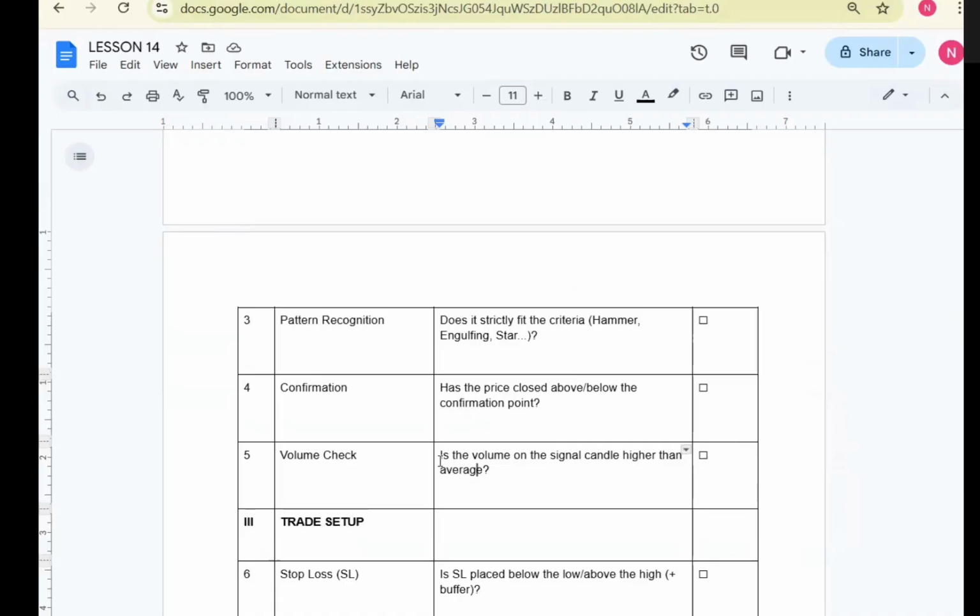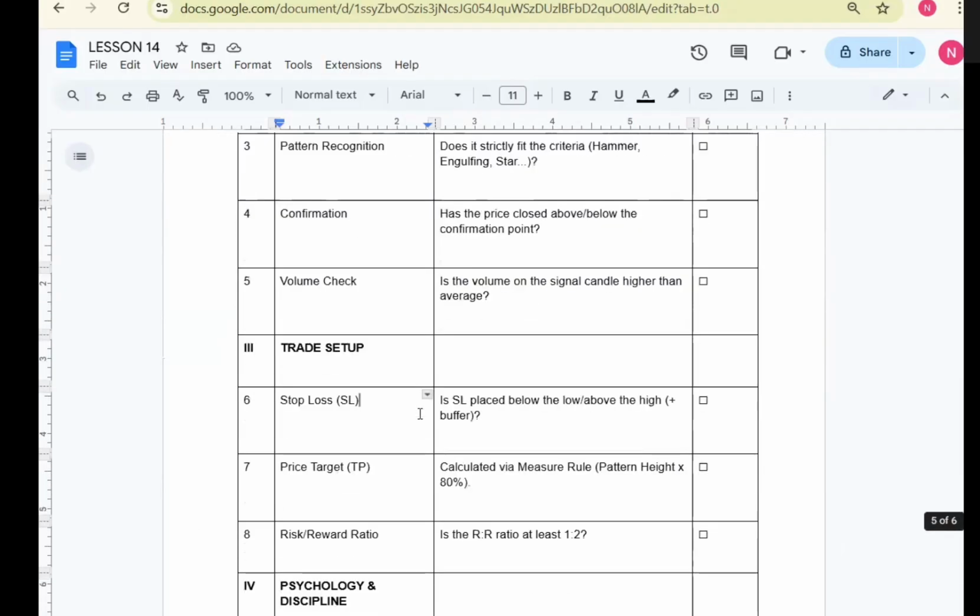The question is: is the volume on the signal candle higher than the average? If you can answer this question, it will help you increase your winning rate when you establish your signal using your own strategy.